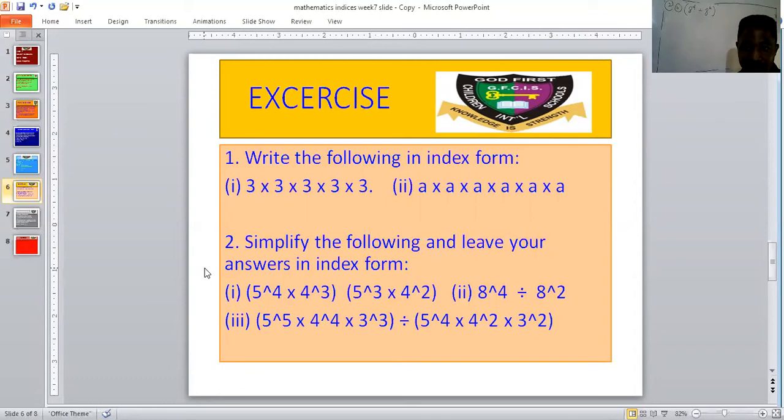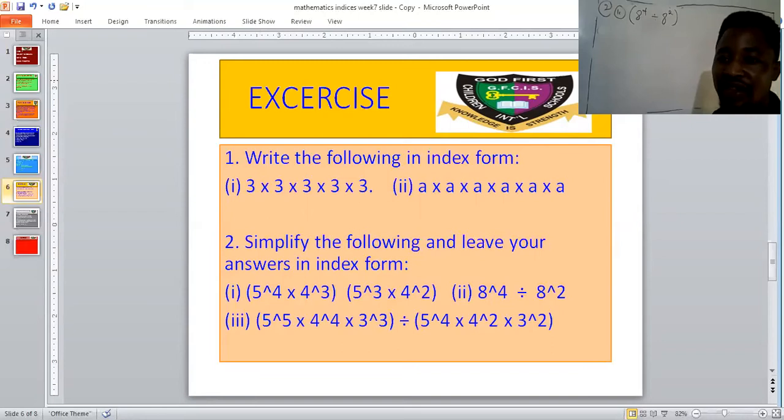Don't you forget, our rule number 1 says, add up the powers or index when you're multiplying, and rule number 2 says, subtract the powers or index when dividing.